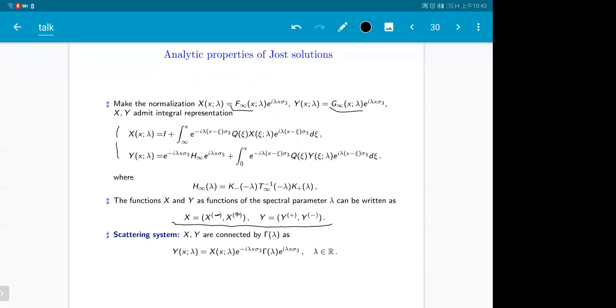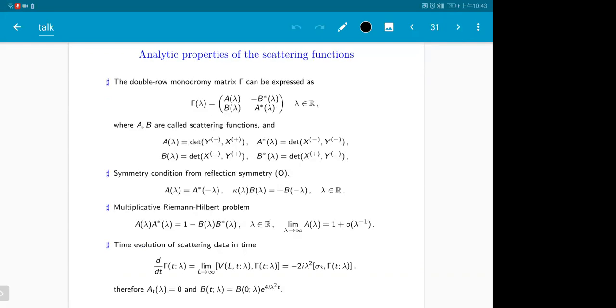And your plus means that your column vector is analytic and bounded in the upper half complex plane. So then we have X and Y connected by the double row monodromy matrix in this way. From the definition of the double row monodromy matrix, we can express gamma in this form.